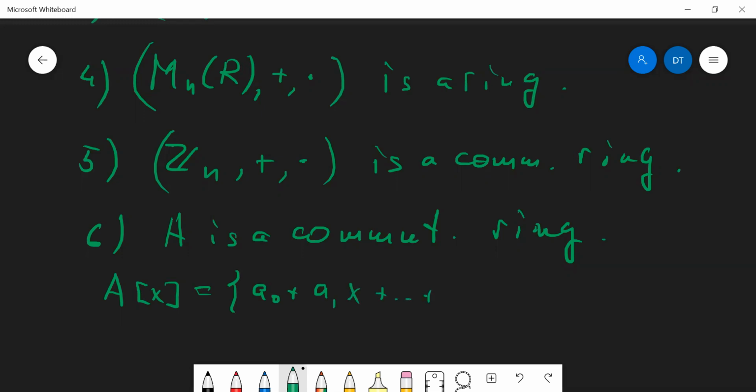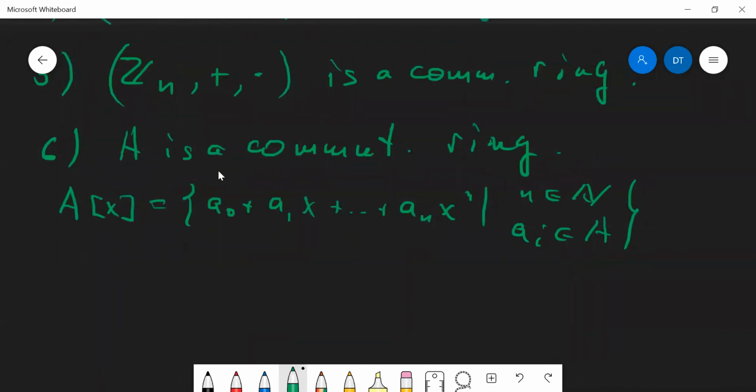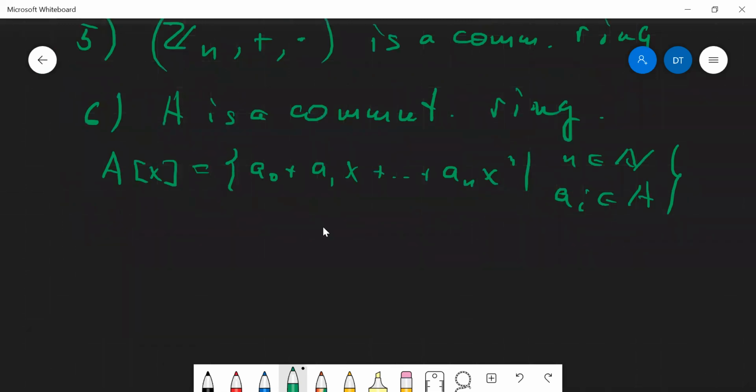So it consists of all expressions of this form, where n is any natural number, and all the coefficients are in the ring A. Two such expressions are the same if and only if the corresponding coefficients are the same. So these are not functions, these are just formal expressions. But we can add and multiply them by the usual rules.